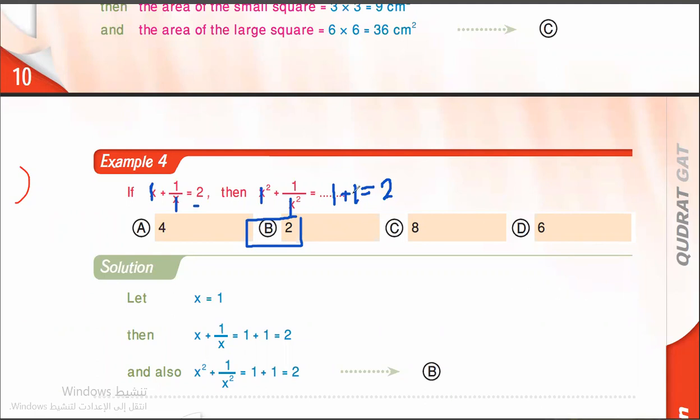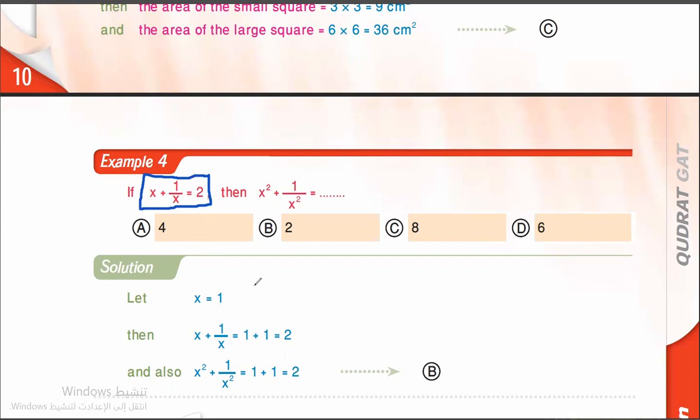You didn't understand? Okay, I repeat. Okay, now, Dima. How do I solve these problems? What is the number x that, when you add, you get 2? Yes, Linda. What will I do? What is the number when you add x plus 1 over x equals 2?